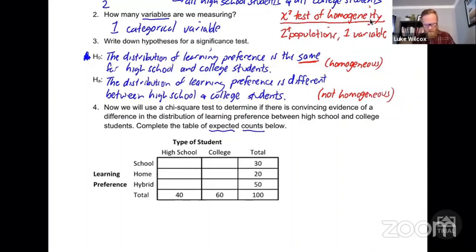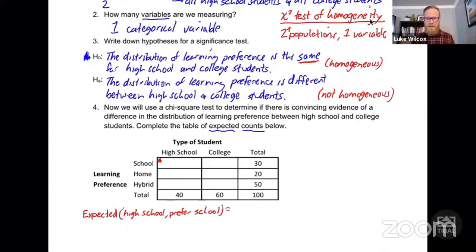So I'm going to start out with this expected value right here. Just that one number, which would be the high school students who say that they preferred learning at school. And I want to talk about what we would do to find the expected value for that particular cell in the two-way table.